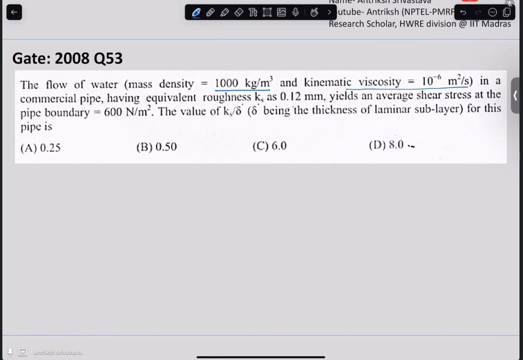The value of Ks by delta dash, delta dash being the thickness of laminar sublayer for this pipe, is: options are 0.25, 0.5, 6 and 8.0.